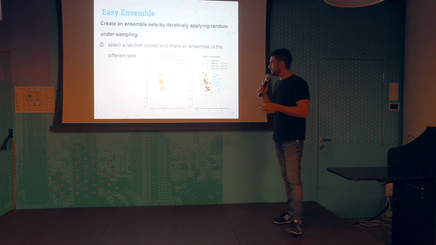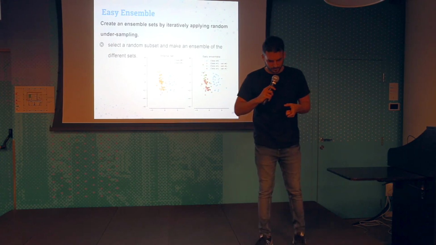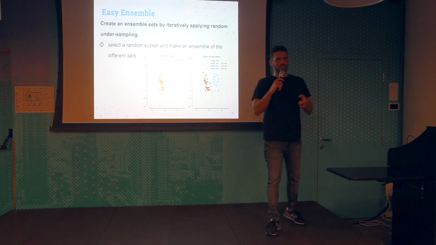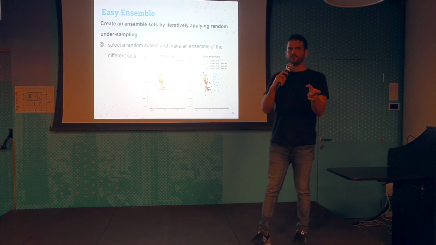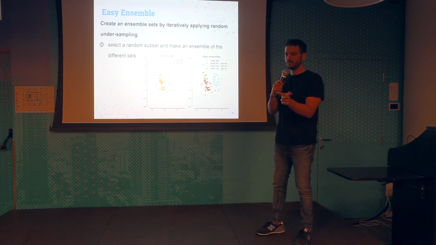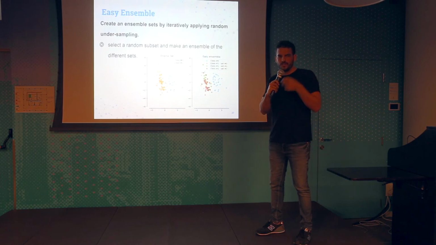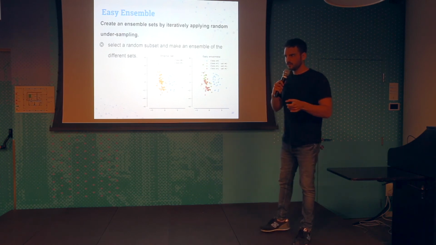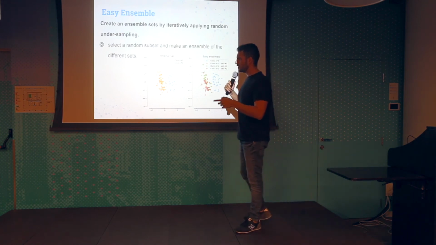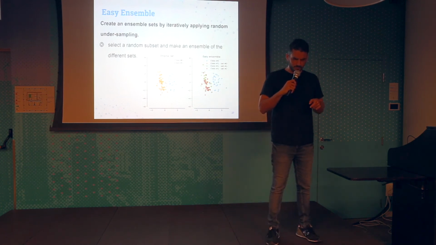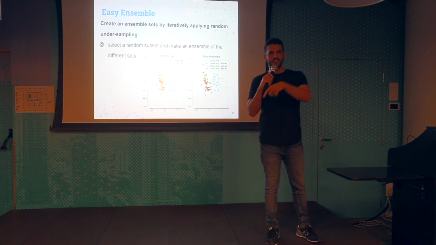What you do here is you take the majority class and randomly sample from it, and you train an AdaBoost classifier on the sample and the entire minority class. You iterate over it, and you end up with a bunch of classifiers, N classifiers, that you combine later to create your classification.